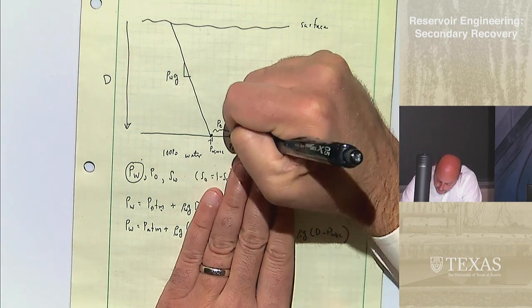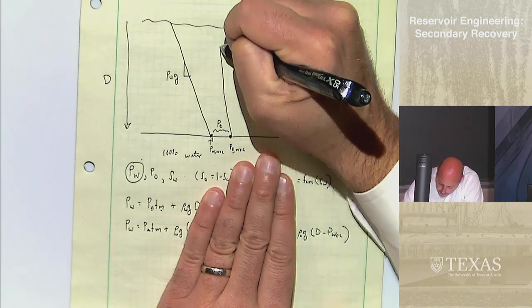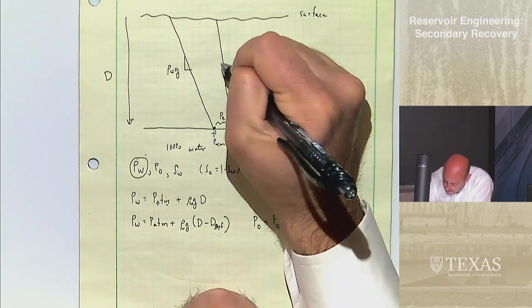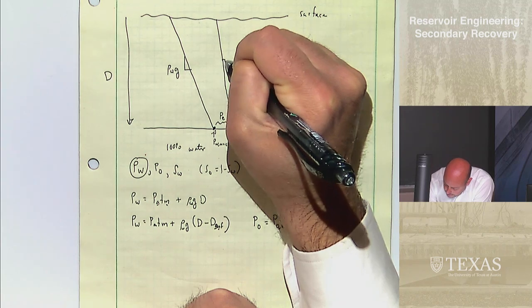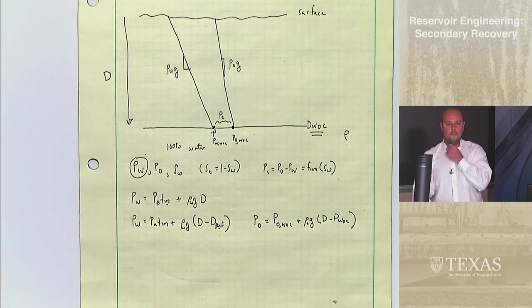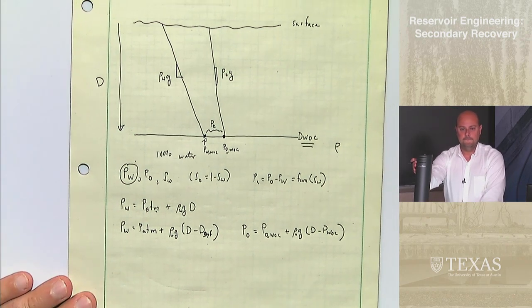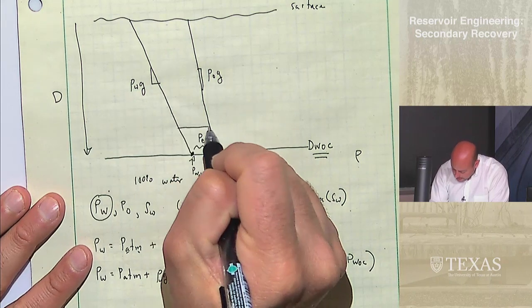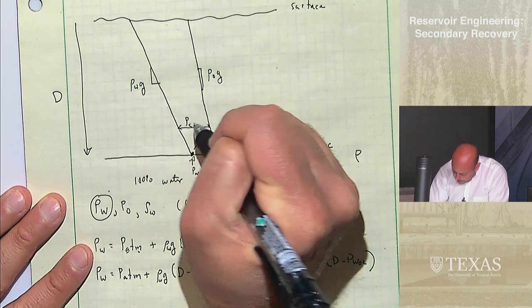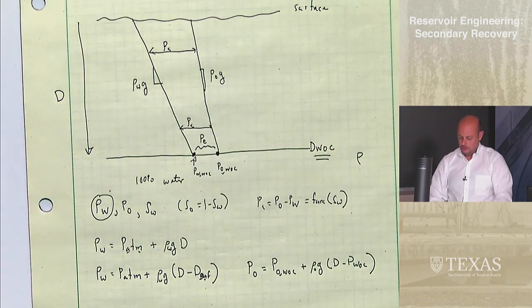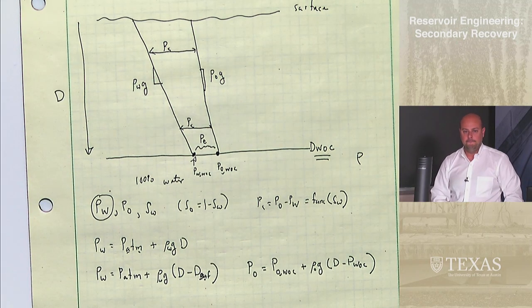And because of that, the slope of this is going to be different. It's probably going to be less, more than likely, right? Oil is usually less dense. And so this has a slope of rho O G. And this difference is going to be the capillary pressure, which is different at different depths.